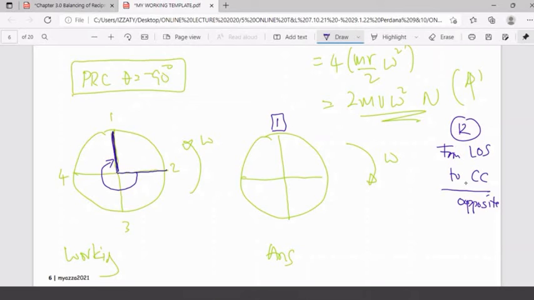It's not correct. You only go negative 90. Correct? So 2 will be here. This one you go negative 90. That's not correct because cylinder 2 is only 90 degrees. So it will go 90 degrees. Let me put it this way.